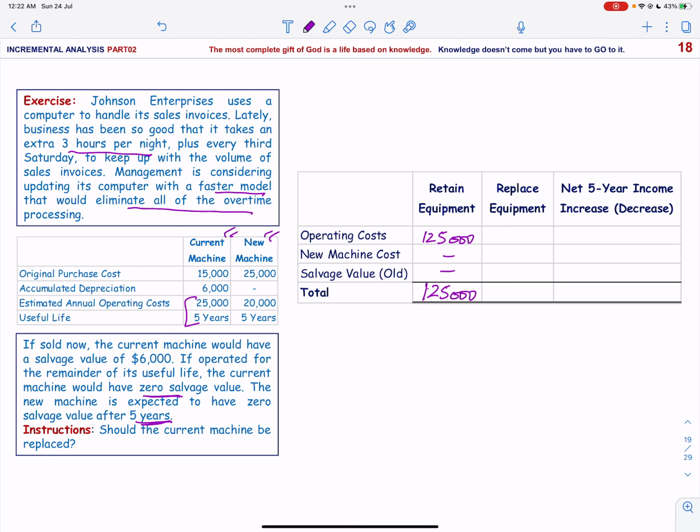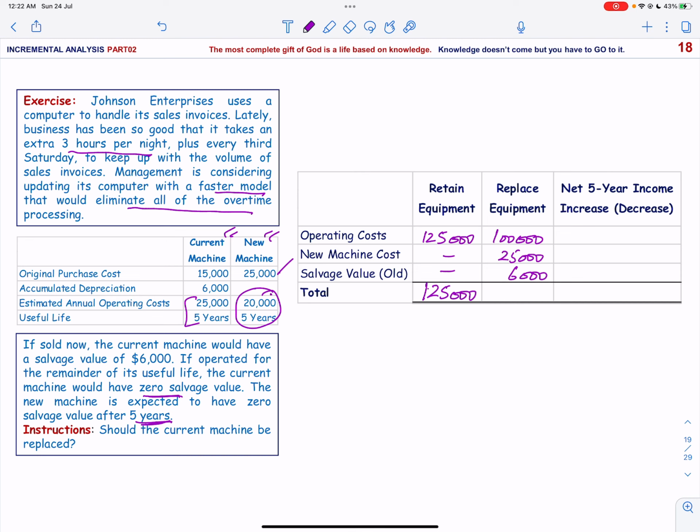If we replace the equipment, the cost will be 20,000 each year, so that makes 100,000. The new machine is going to cost us 25,000, and we are going to realize 6,000 by selling the old machine.